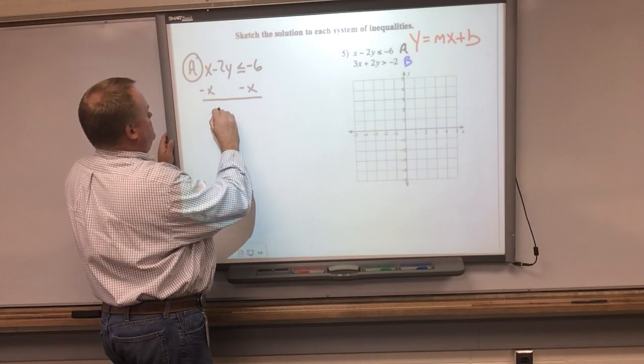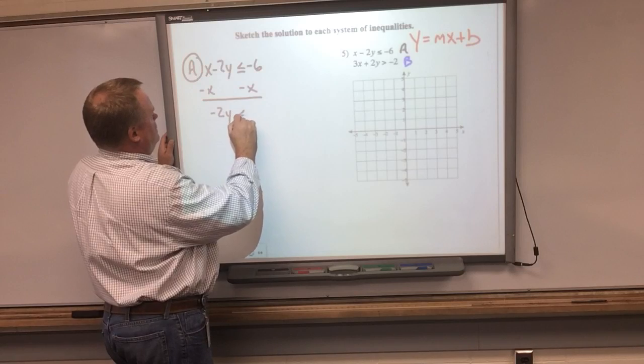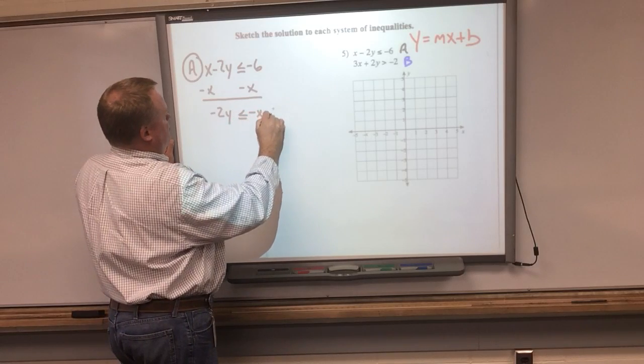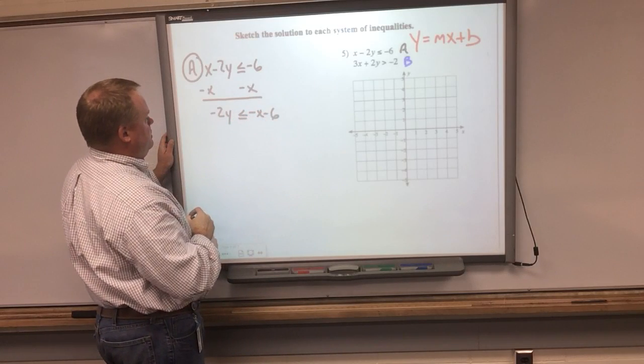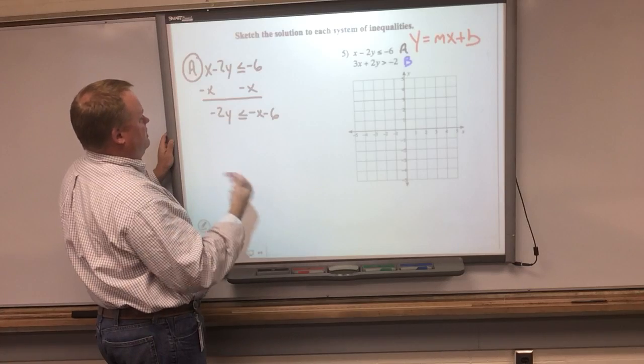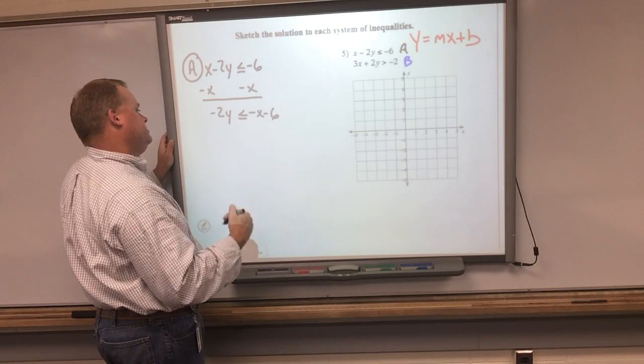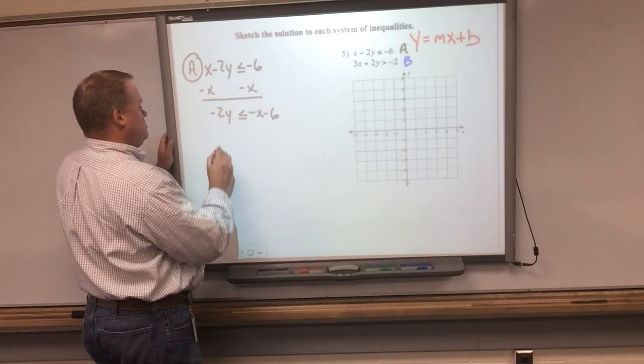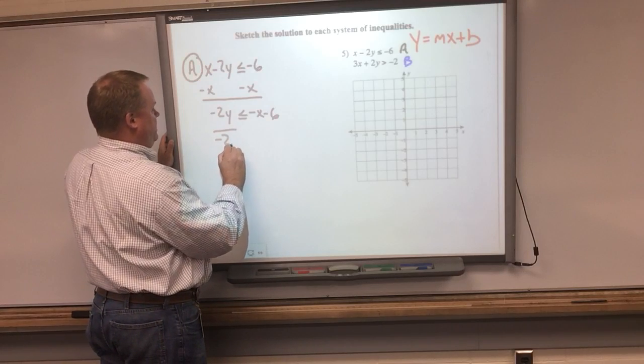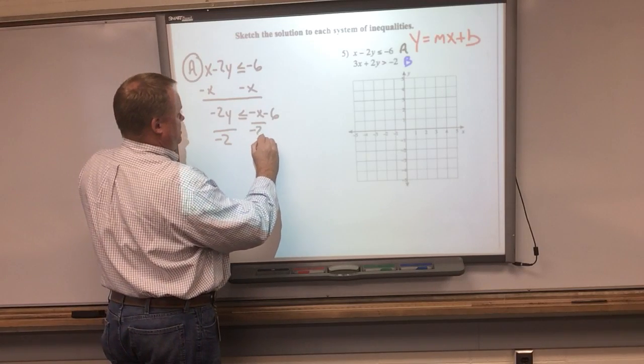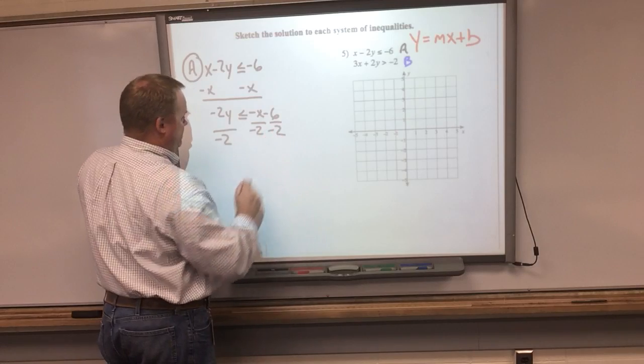So this becomes negative 2y less than or equal to negative x minus 6. Well, I know that y is on the left-hand side, but it's not by itself yet. It still has negative 2 attached to it. So I need to divide by negative 2, which means I'm going to divide every term by negative 2.